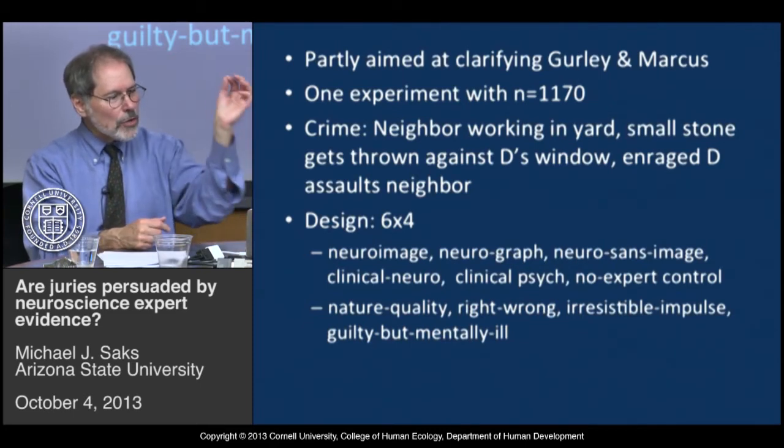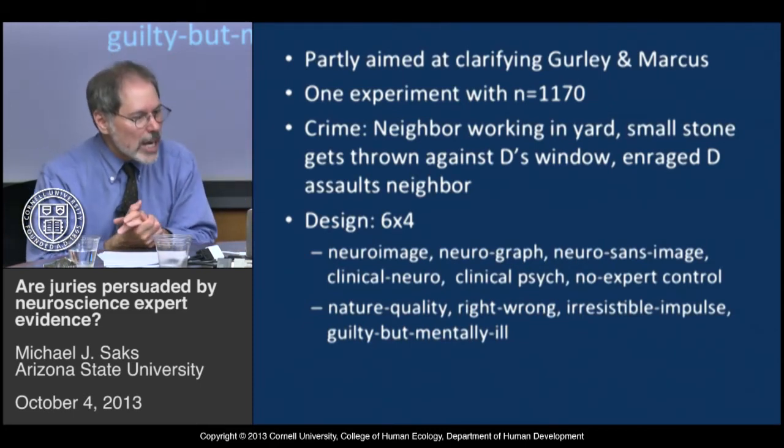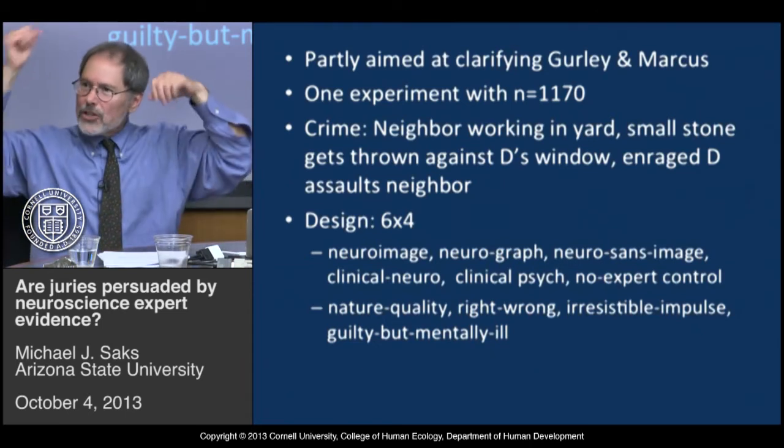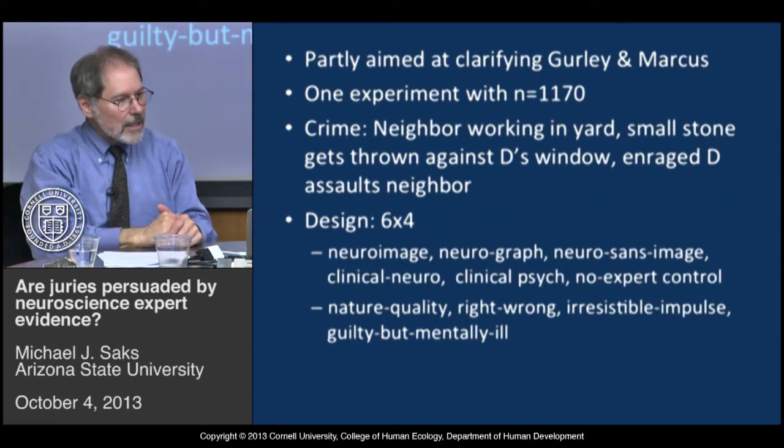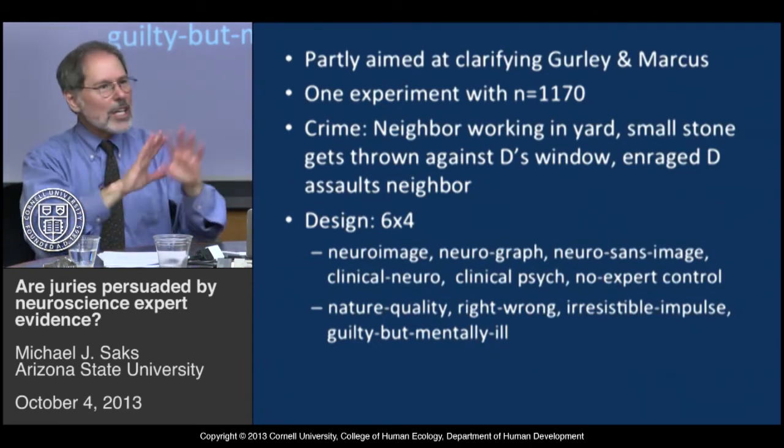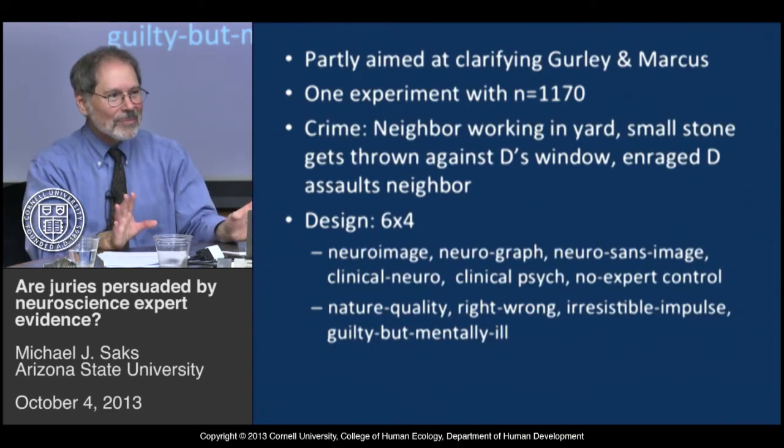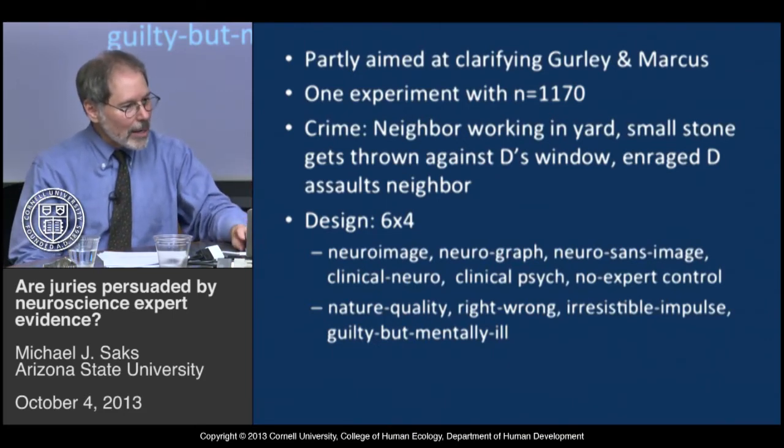A small stone gets thrown against the defendant's window. He's enraged and comes out and assaults his neighbor. Doesn't do any serious harm. We learned our lesson. The design is a 6x4.